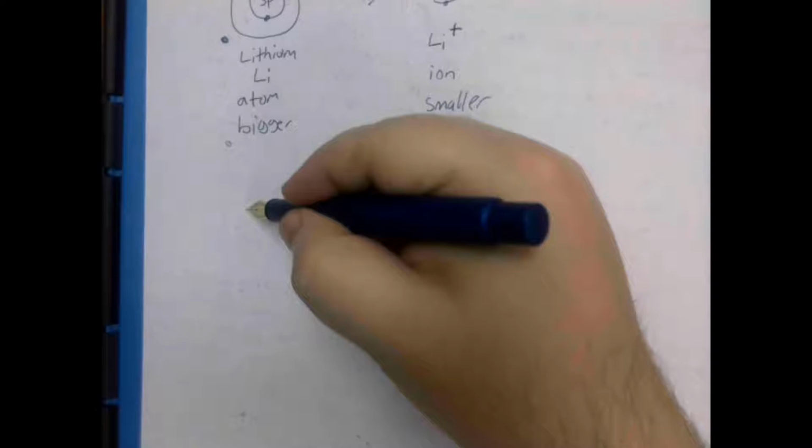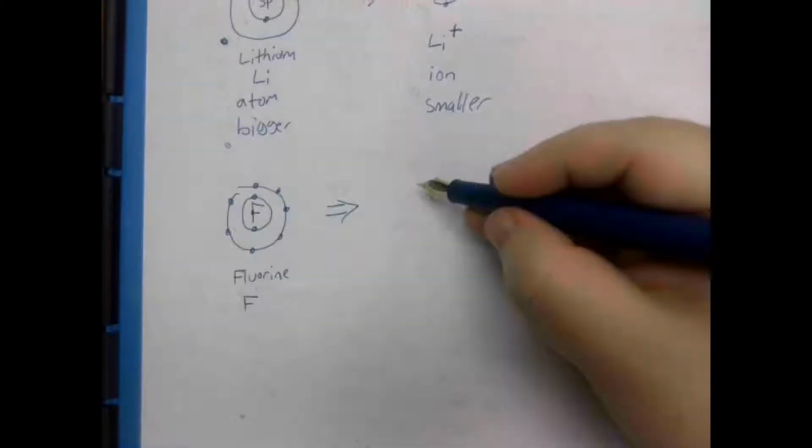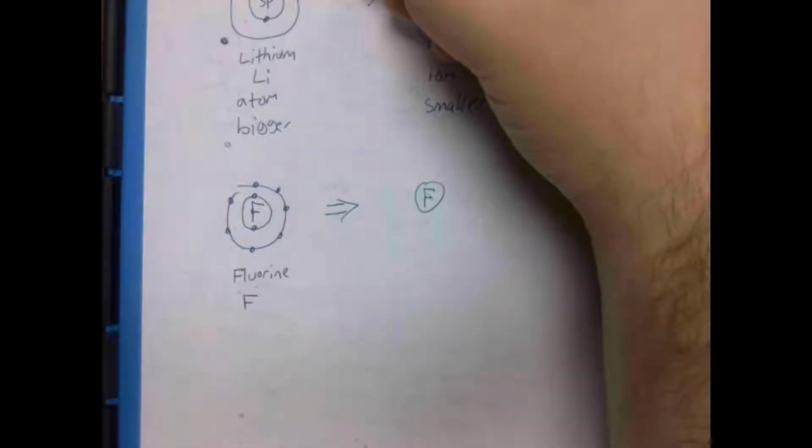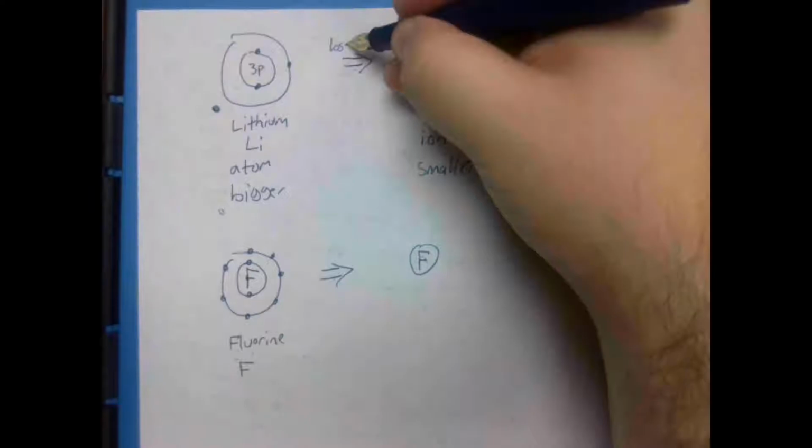So when fluorine becomes an ion, how does it become an ion? So to become an ion, it wants to have 8 electrons, so it gains an electron. So the only thing that happens, so here it loses an electron. Here it's going to gain 1 electron.